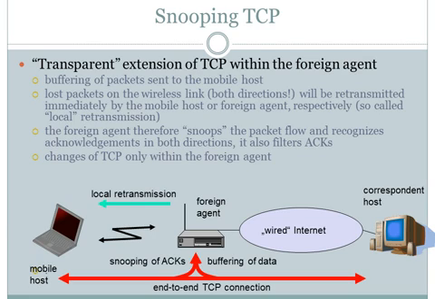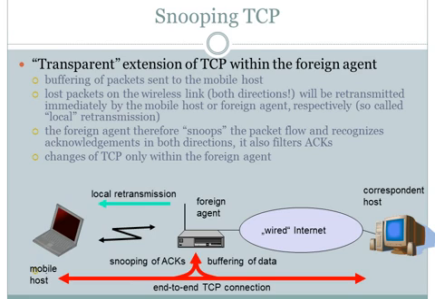In snooping TCP, the foreign agent will snoop. Snoop is to listen, to drop your ears and listen. So the foreign agent will be listening to acknowledgements in both directions simultaneously. It will listen to this acknowledgement as well as that acknowledgement, which will guarantee that data reaches end to end.